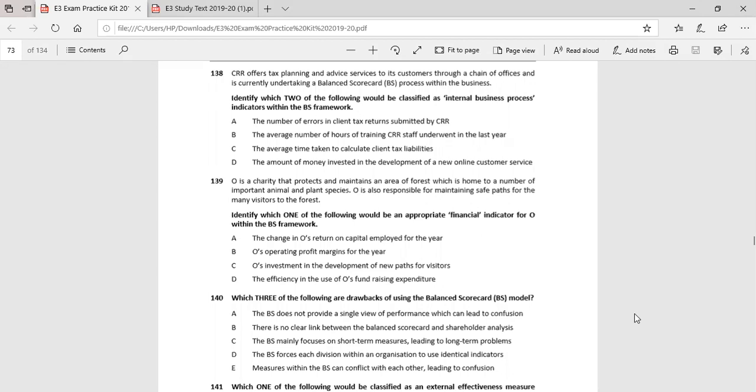Which two of the following would be classified as internal business process indicators within the BS framework? Which two?